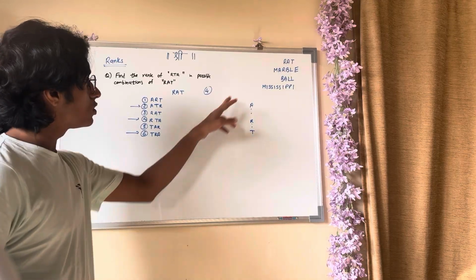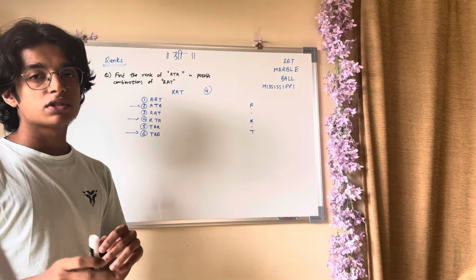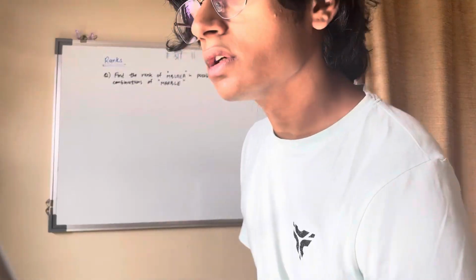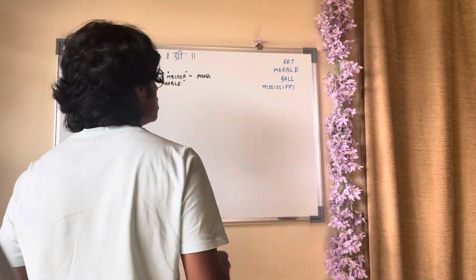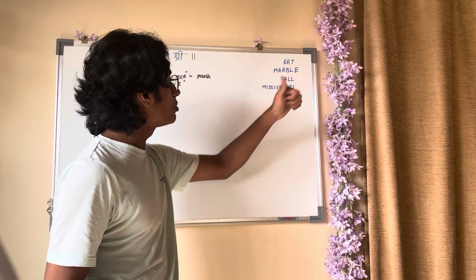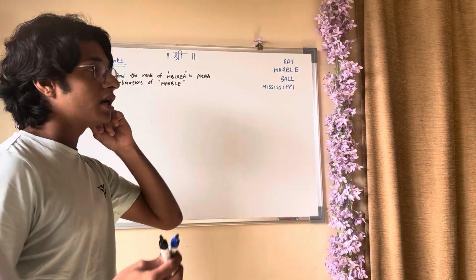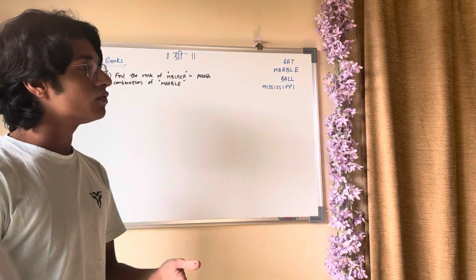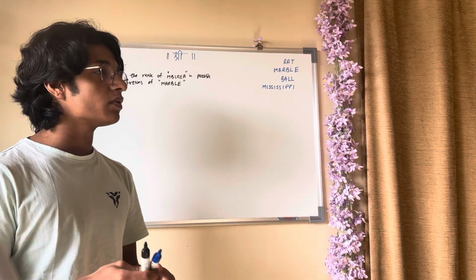Now let's move on to the next word, that is MARBLE, which is a comparatively bigger word. When we solved the first question, the word given to us was a 3-letter word. What if we have a much bigger word, that is MARBLE, which has 6 letters, and the possible combinations of all the letters arranged in different types of words would be 6 factorial, which is 720.